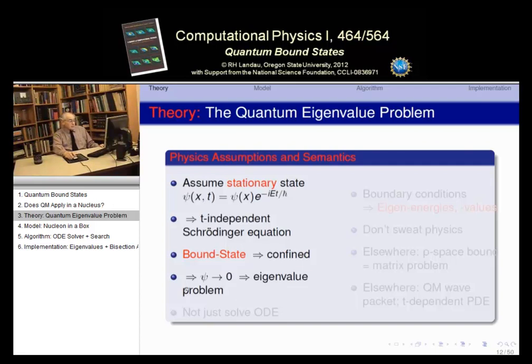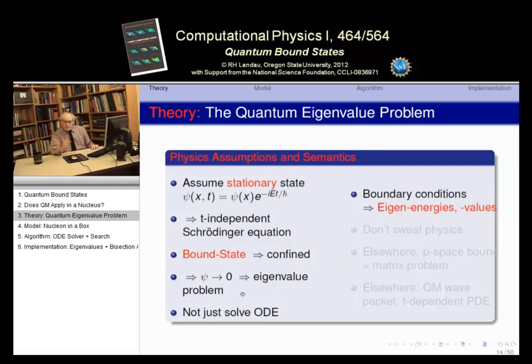If we add that as a requirement to the solution of the Schrödinger equation, we then have a problem called the eigenvalue problem, where we need to solve a differential equation, but there'll only be certain energies, or whatever the eigenvalue happens to be, in this case an energy, that solve the problem. So we're not just solving an ordinary differential equation. We're doing that, but we're also adding on something else. We're adding on this extra condition.